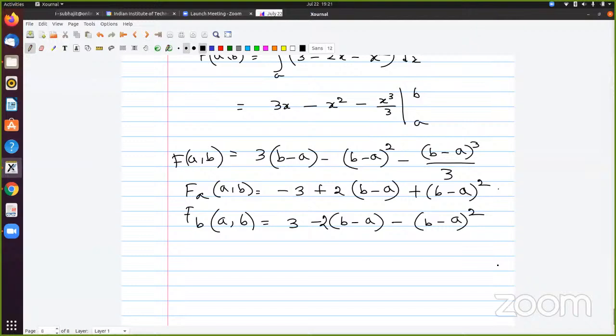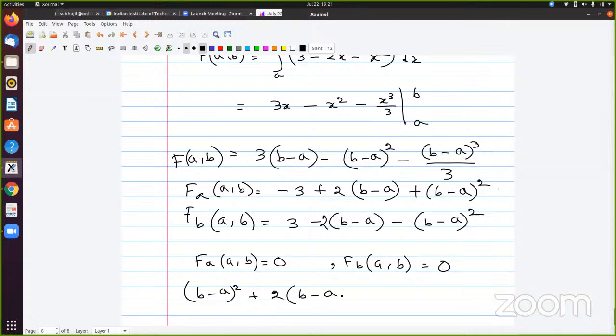We need to equate both of these to 0: f_a(a, b) is 0 and f_b(a, b) is 0. All those points which satisfy these two equations simultaneously will be our answer. So basically, when we equate to 0, both of them are the same equation: (b minus a) whole square plus 2(b minus a) minus 3 is 0.